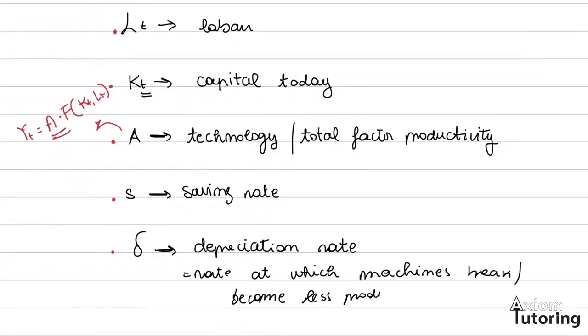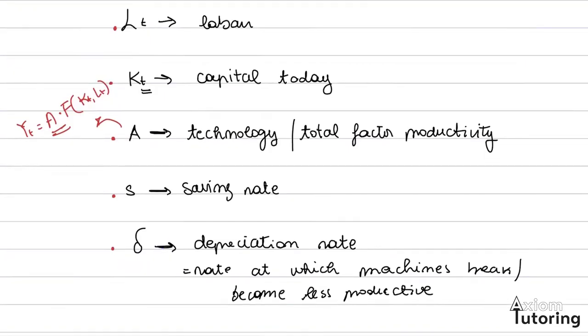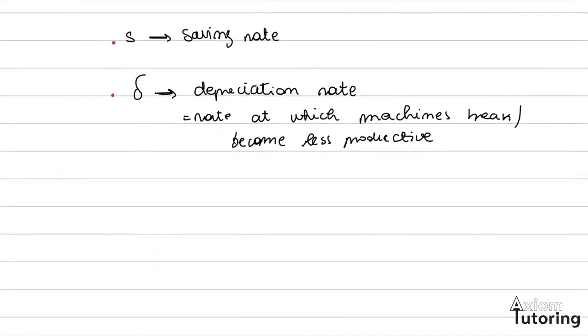Of course, whenever we use objects, for example a laptop, whenever we use anything really, it just loses value, because the more you use something, the older it becomes, the less productive it becomes. So this is why we need to account for the fact that capital, yes, is there, but it's going to depreciate. It's not going to be something constant.